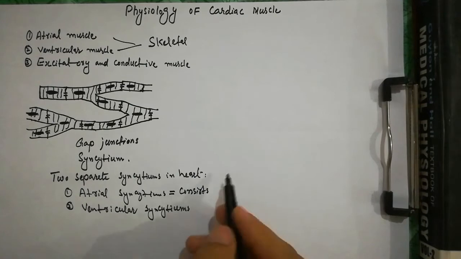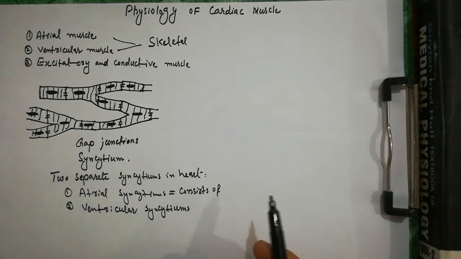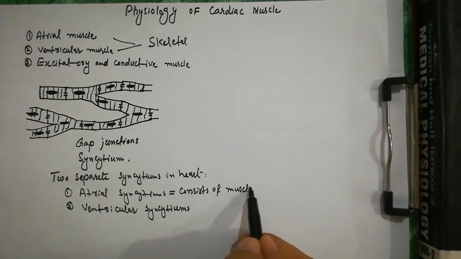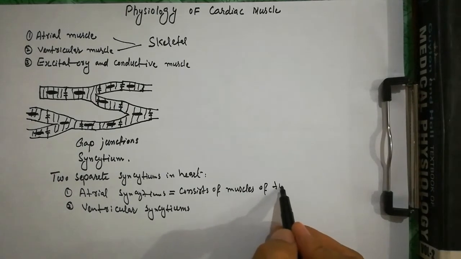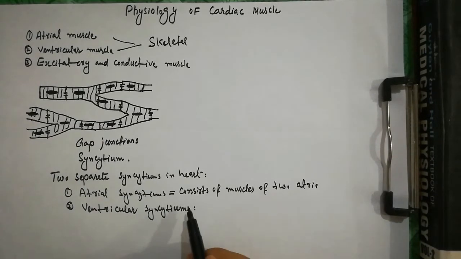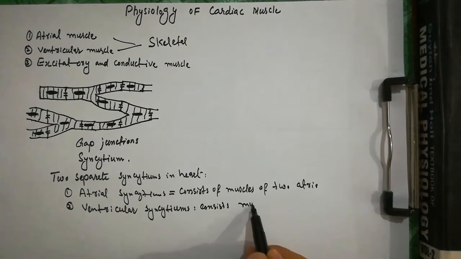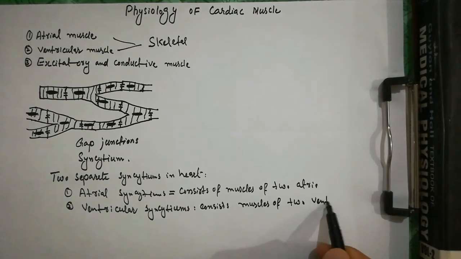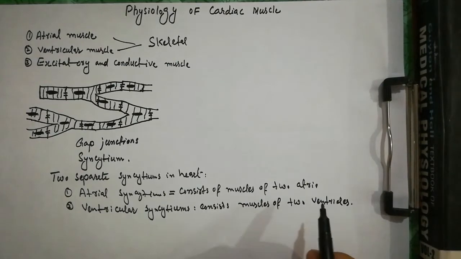And there is a fibrous tissue present between atria and ventricles.